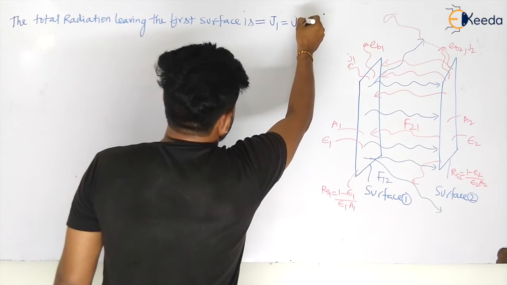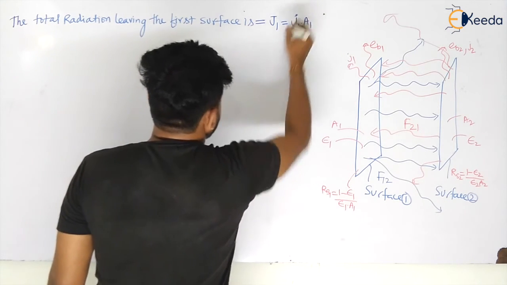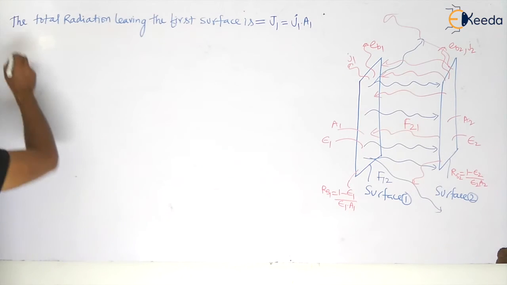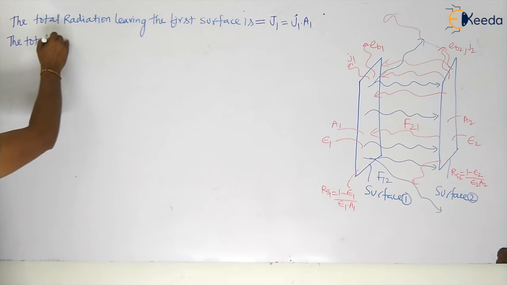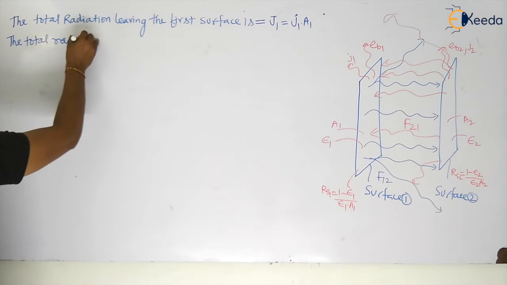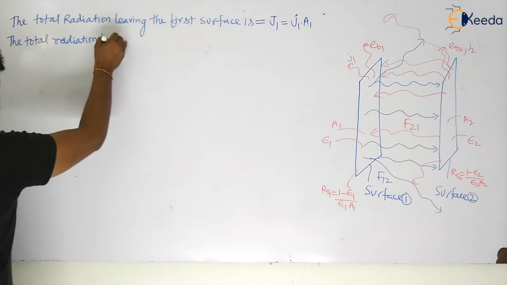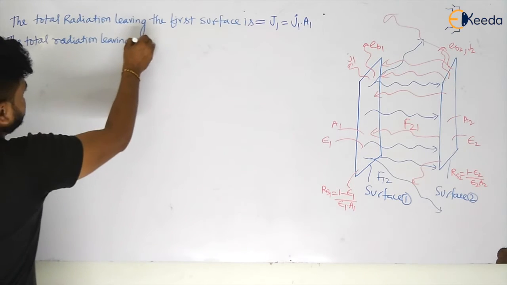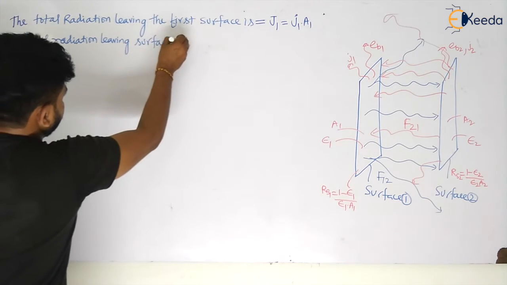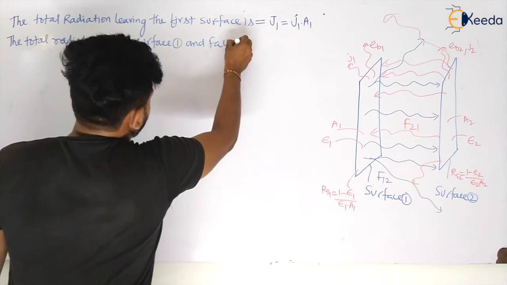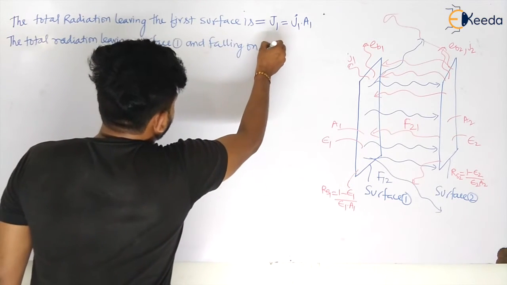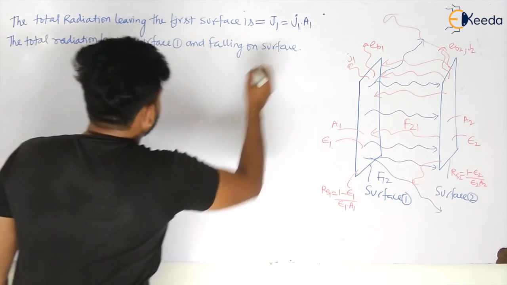This can be taken as small j1 into A1. Yes or no? Small j1 into A1. Now the total radiation leaving surface 1 and falling on surface 2 will be equal to what, my dear students?